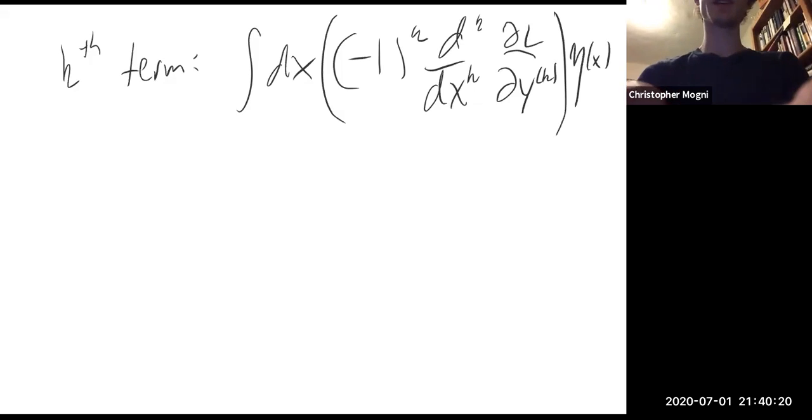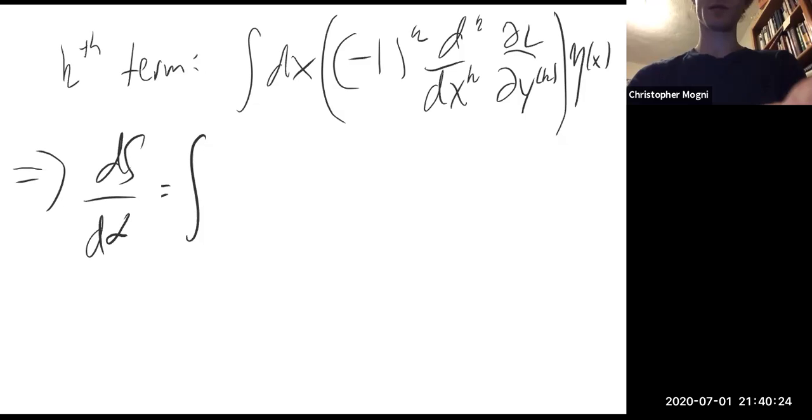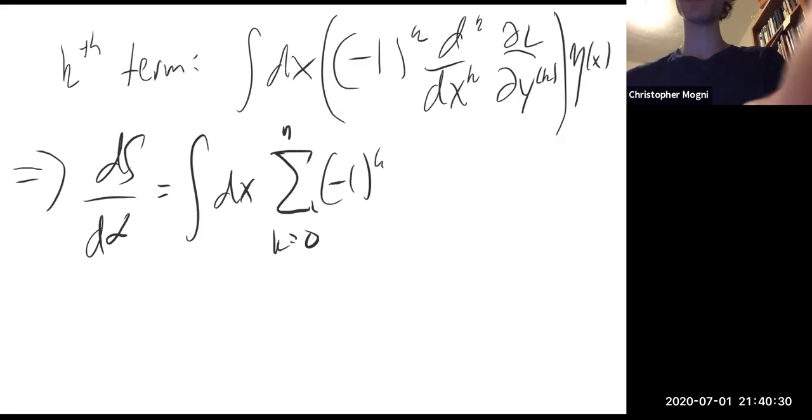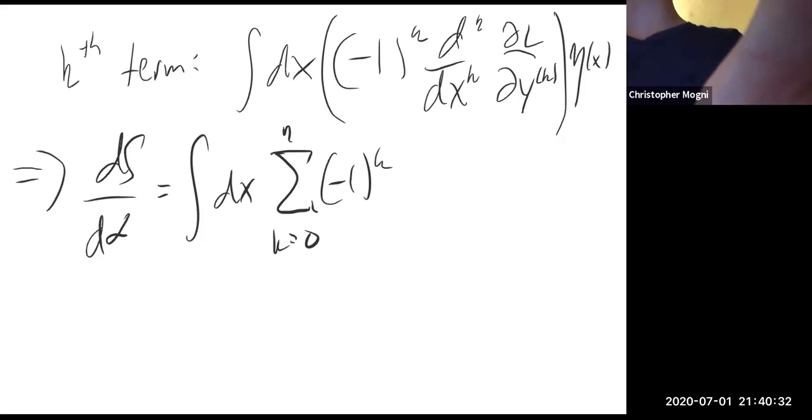And what that means is that ds d alpha ends up just being a sum from having no derivatives to n derivatives acting there.